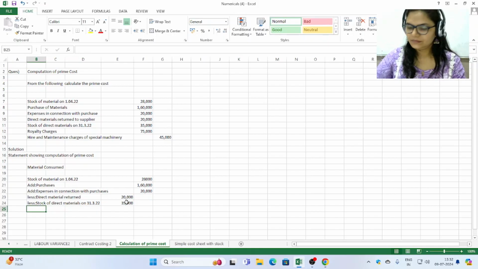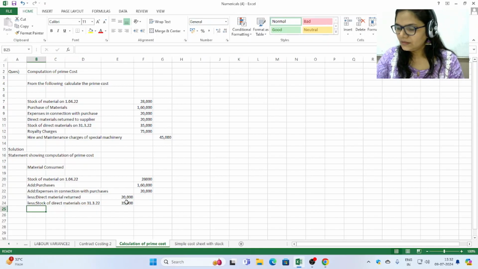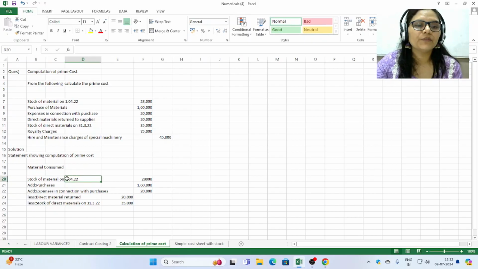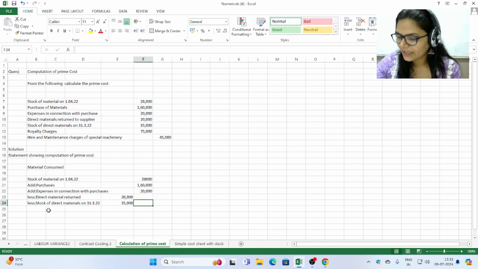Next, after adding these figures, first we copy stock of materials 28,000, then we add purchases 1,60,000, then we add expenses in connection with purchases 20,000. From this we will deduct the direct material return to supplier, then we will also deduct the stock of direct material on 31st March 2022, and after that we will get the material consumed, which is 1,53,000.